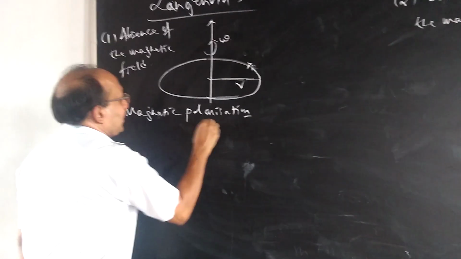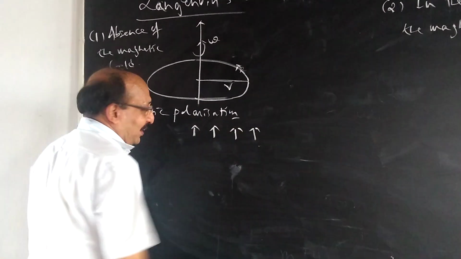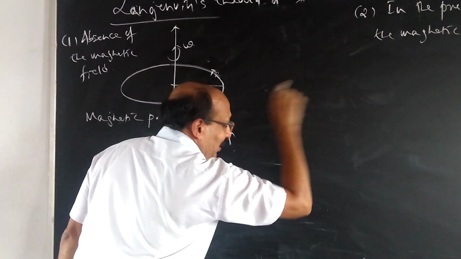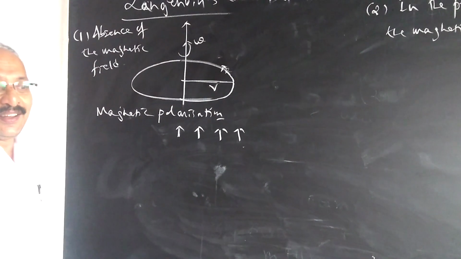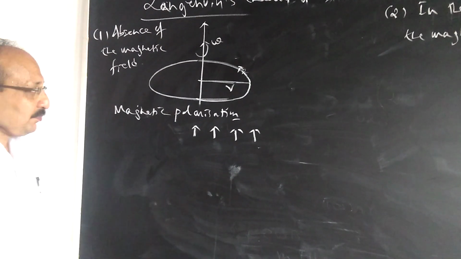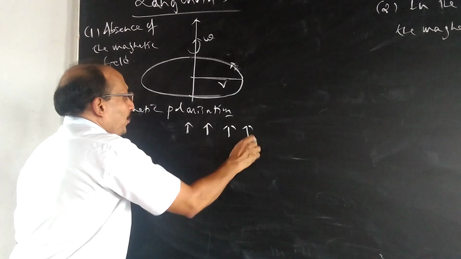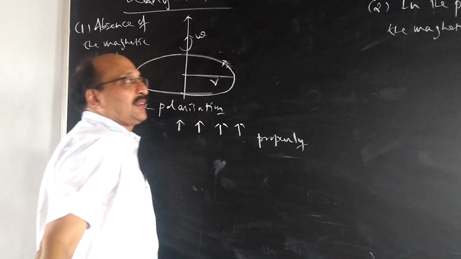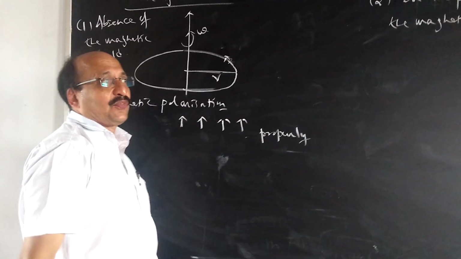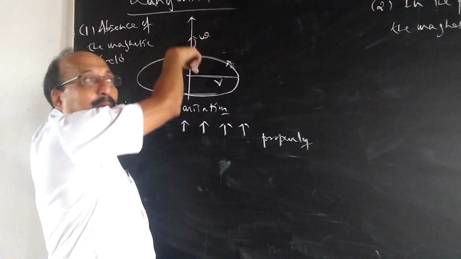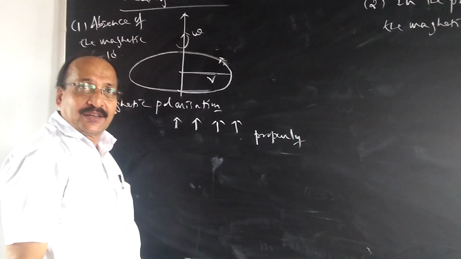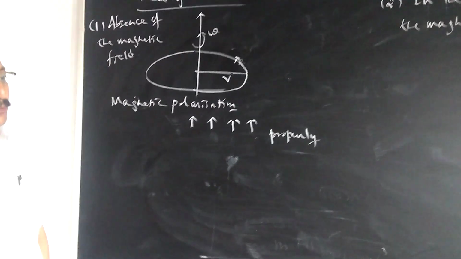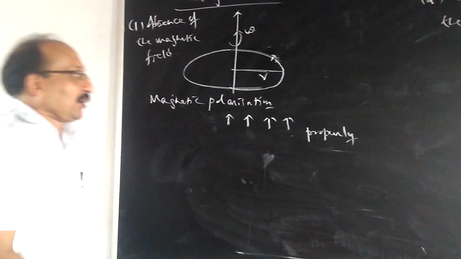They are nothing but properly oriented magnetic dipoles after applying the field. This is the main theme of the theory of diamagnetism. So according to Langevin, some properly oriented dipoles under the influence of the magnetic field constitute the net dipole magnetic moment.